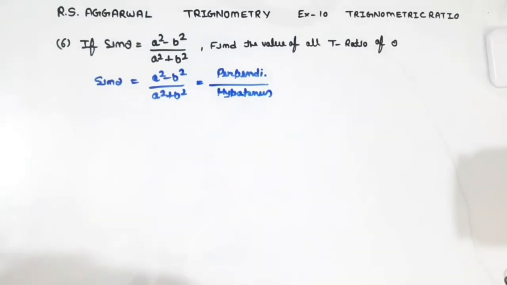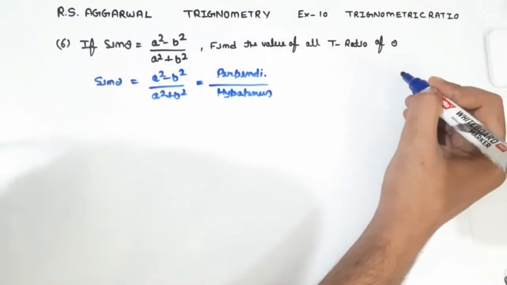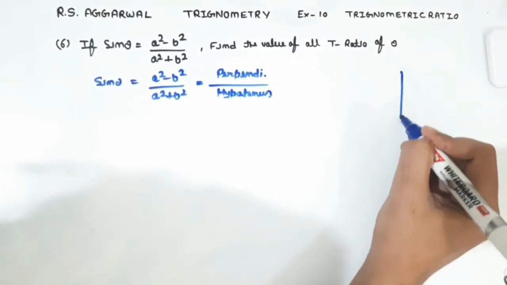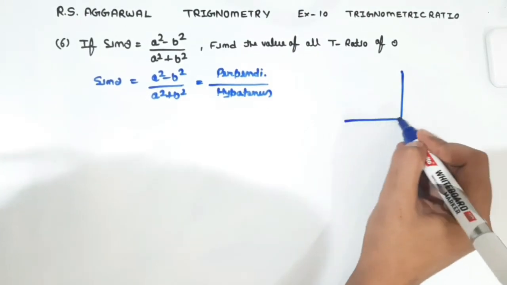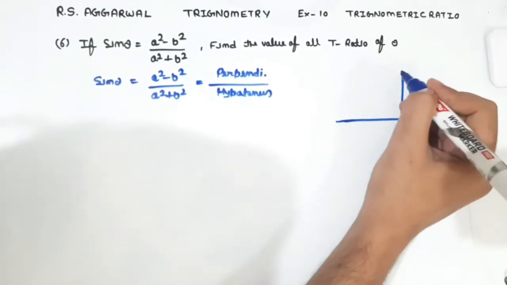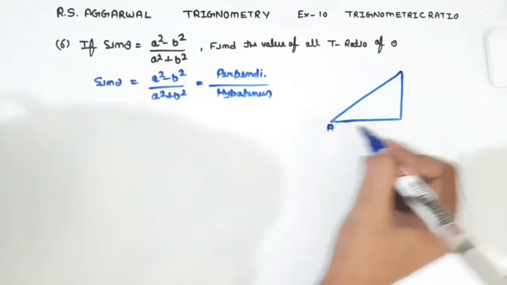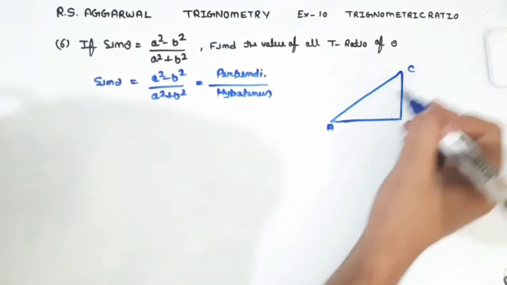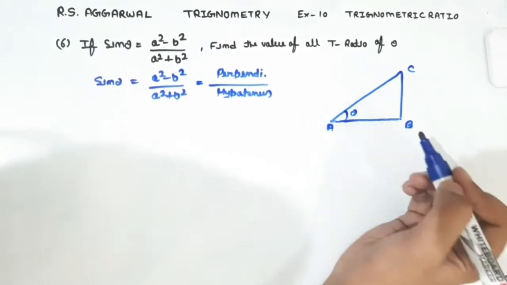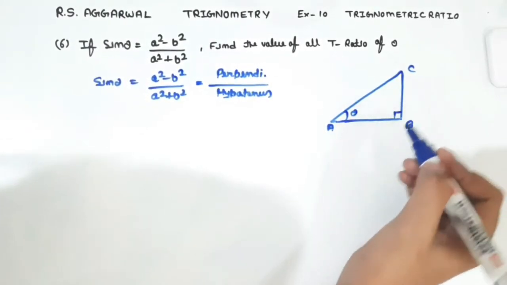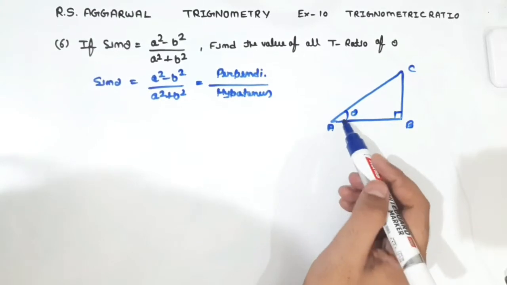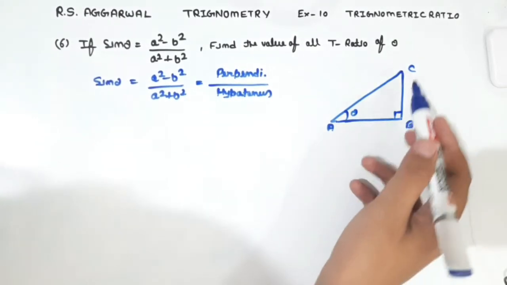So let's draw a right angle triangle ABC. Consider angle A as theta. So the side opposite to angle theta will be perpendicular, that is BC.